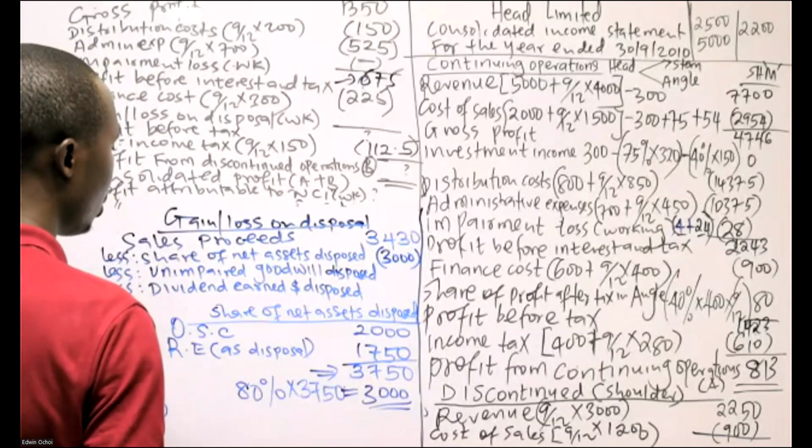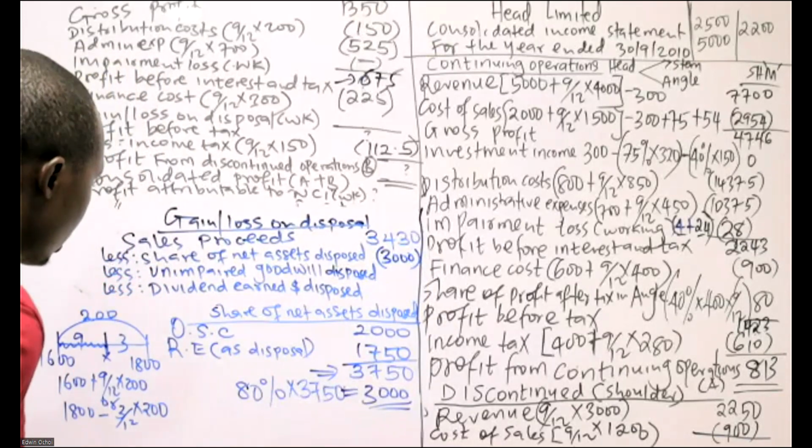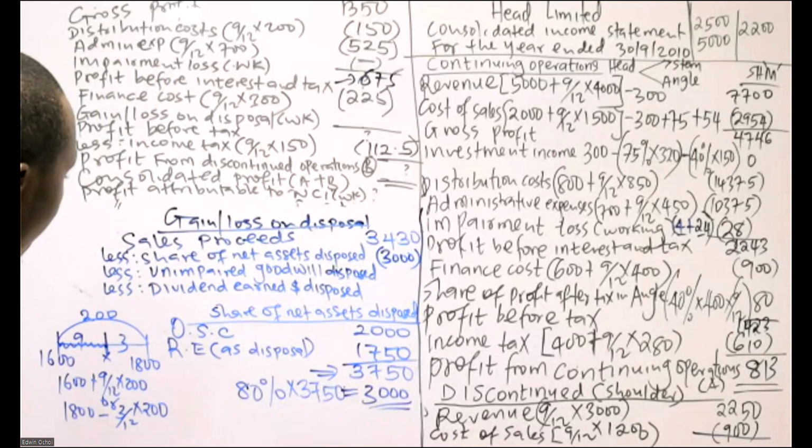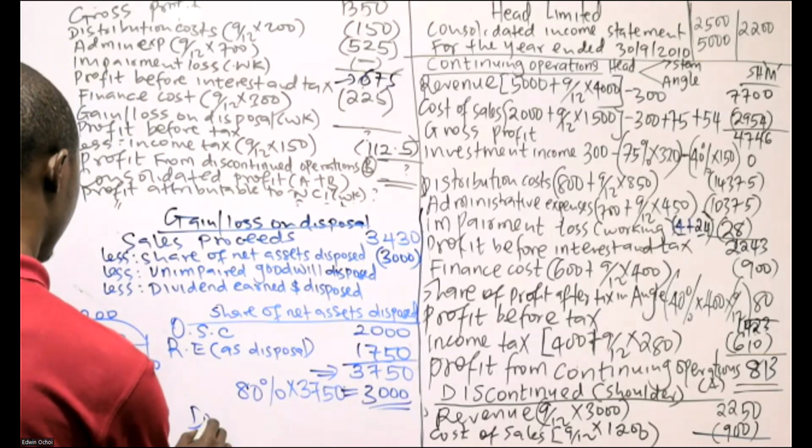Then unimpaired goodwill. The goodwill which was unimpaired was 125.